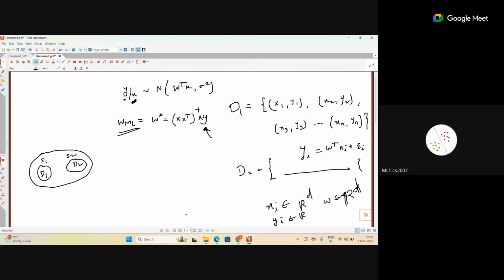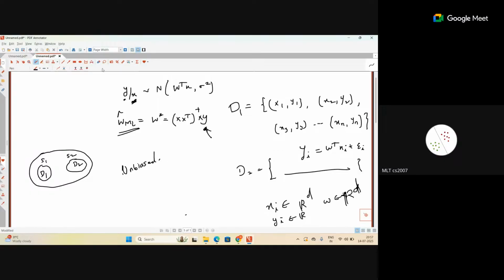At the end of it, whatever data samples we have collected, it should get the same answer for w hat ML. Now one of the important properties is that w hat ML is an unbiased estimator of w. But is w hat ML the true w?